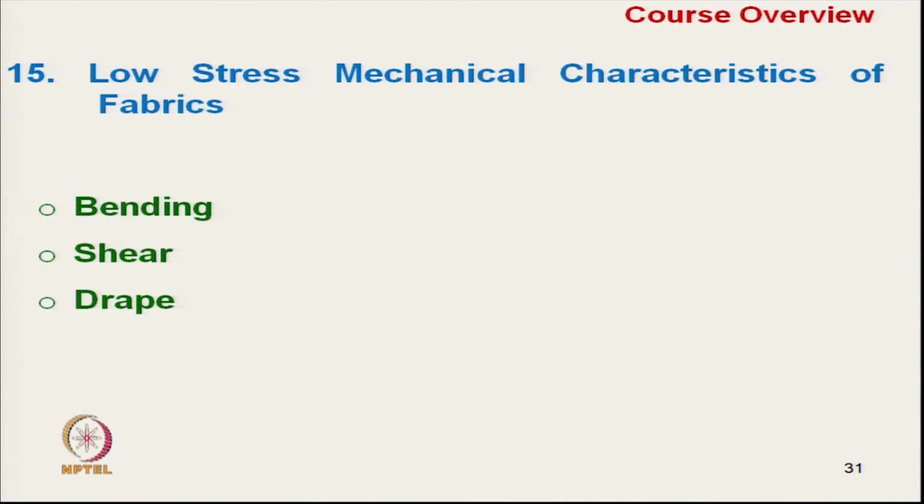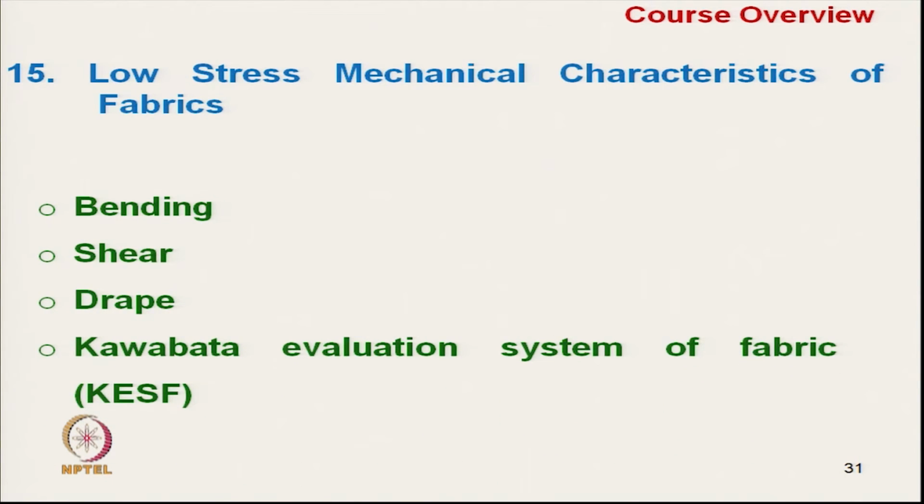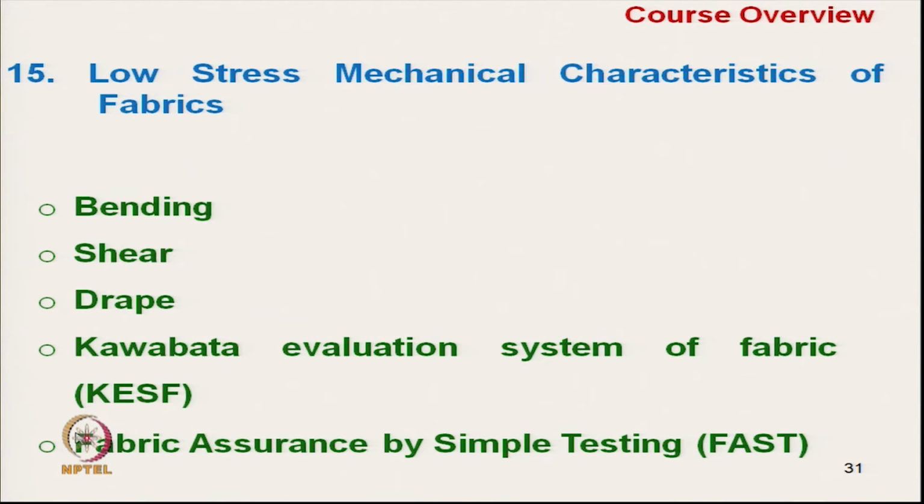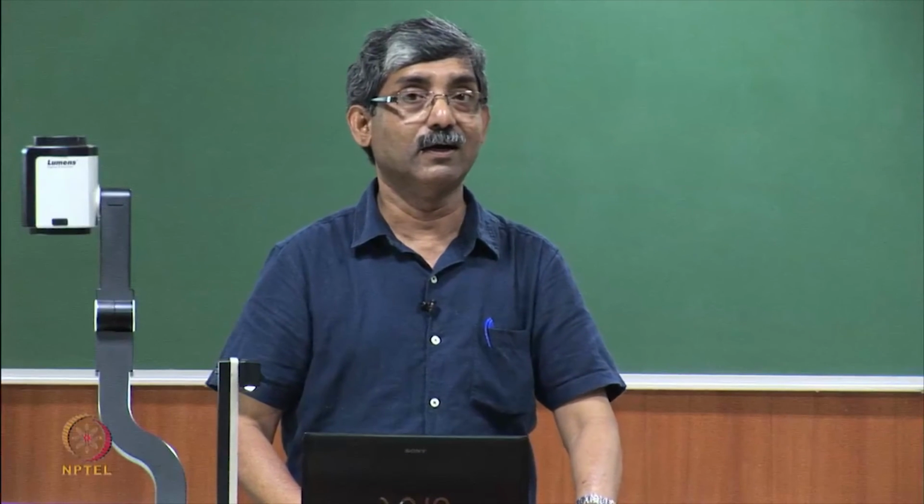Then drape characteristics, we will try to measure the drape coefficient, and then we will discuss in detail the KESF method, Kawabata Evaluation System of Fabric, which deals with all the low stress mechanical characteristics. Another low stress mechanical characteristics instrument is the FAST. Like bending, we will discuss different types of bending, cantilever bending, the loop type bending. So, all this bending we will discuss here.